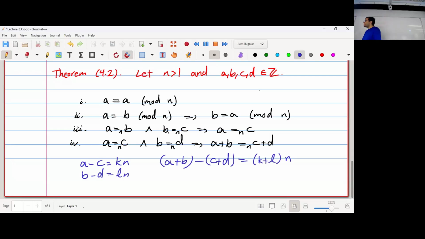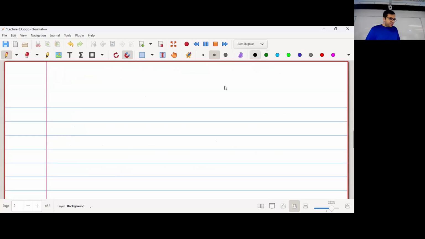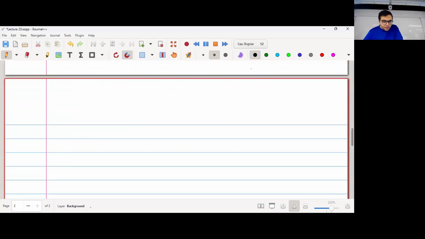So this is also a multiple of n, which means that a plus b is congruent to c plus d. Slightly less trivial is this one, number 5.